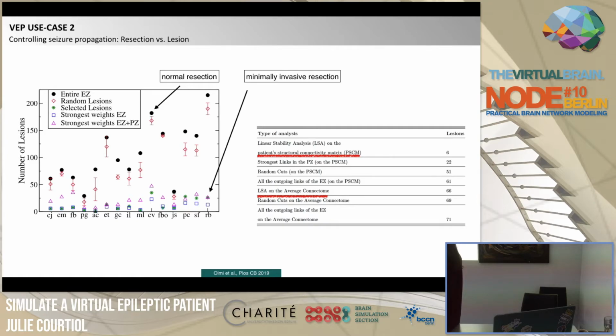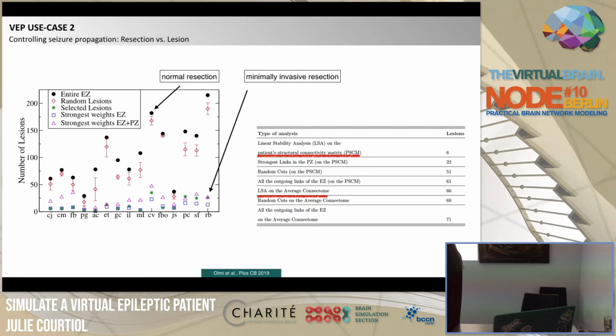Here we have 15 patients, the same 15 patients used in the previous paper. And here you have the number of lesions. In black, it is the number of lesions when we remove completely the epileptogenic zone.